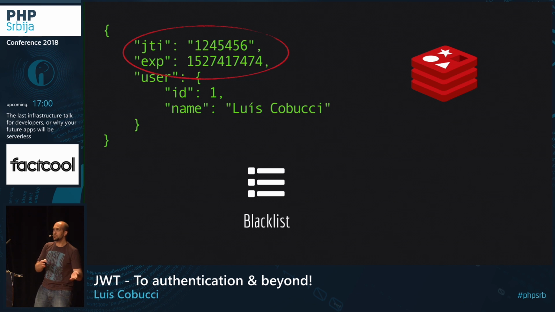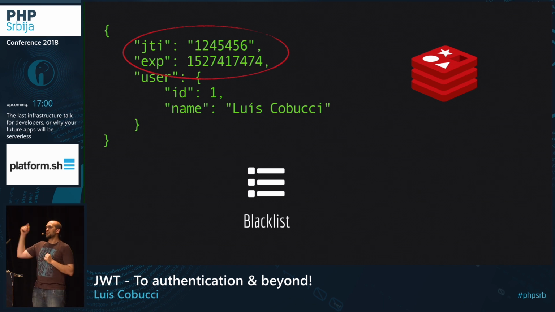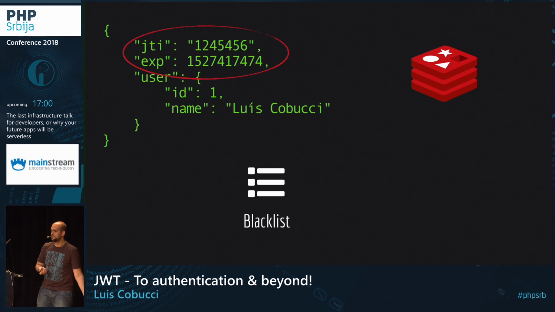So the validation will go, hey, is the token blacklisted? No, we're good. Is it still valid based on the date, the signature? Yes. All right. If the token is blacklisted, you can bypass the signature verification or any kind of complicated verification because the token is blacklisted.